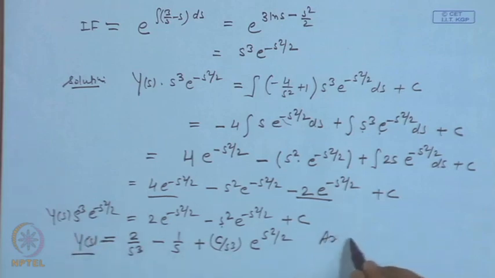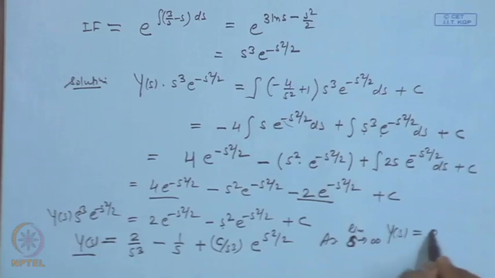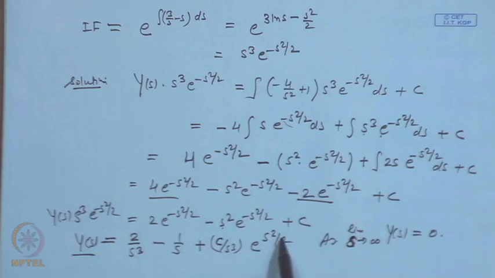So, as the limit s approaches infinity, this Y(s) must go to 0, and this is only possible if we see here e to the power s square by 2 sitting. So, if s approaches infinity, this term will blow up, and then we cannot get 0 as a result. So, this is possible only when this c is 0.